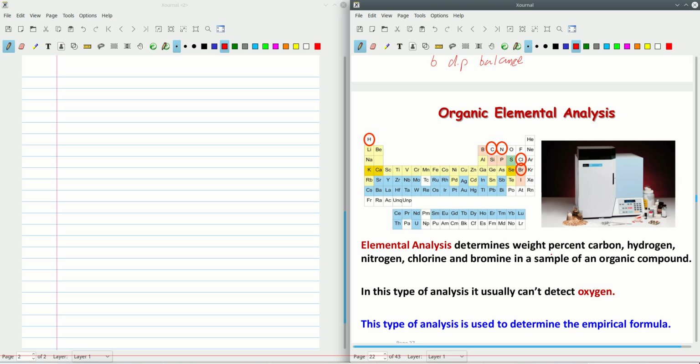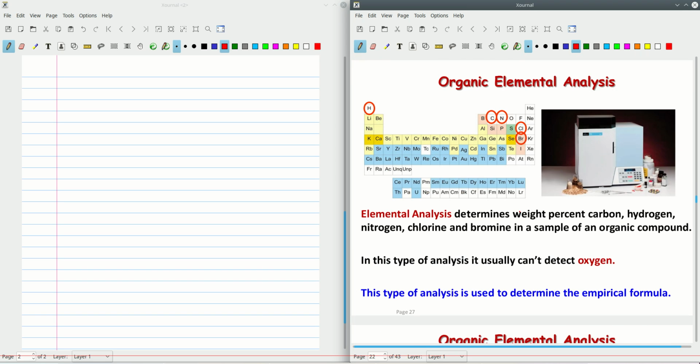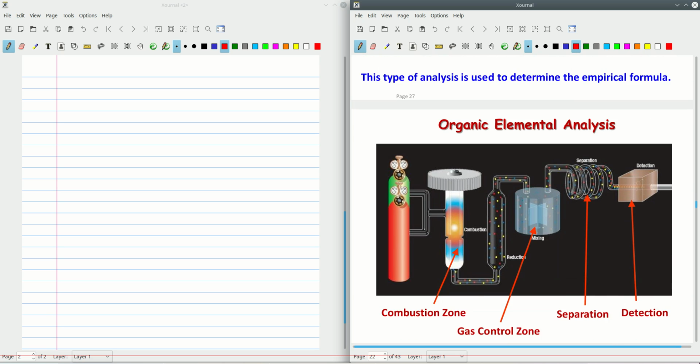Elemental analysis determines the weight percent of carbon, hydrogen, nitrogen, chlorine and bromine in a sample of an organic compound. This type of analysis doesn't usually detect oxygen, but we can infer the amount of oxygen by loss of mass. So this type of analysis is used to determine the empirical formula.